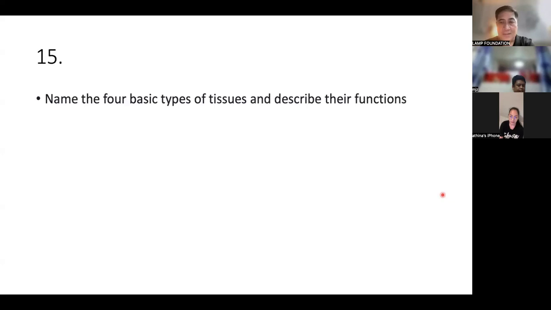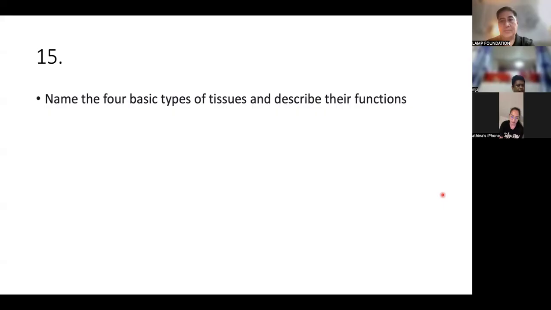Name the four basic types of tissue. Describe their functions. The epithelial tissues absorb, secrete, form, cover, and sometimes produce body fluids. The nervous tissues form the brain and spinal cord, send messages, and coordinate. The muscle tissues have the ability to change their length.